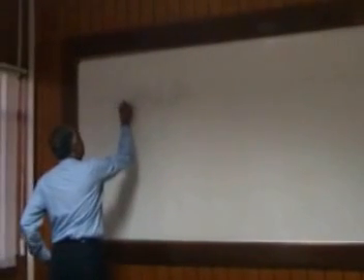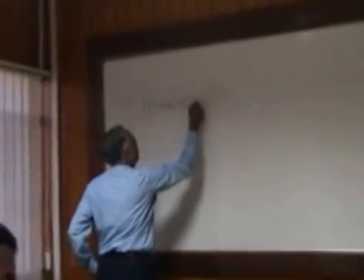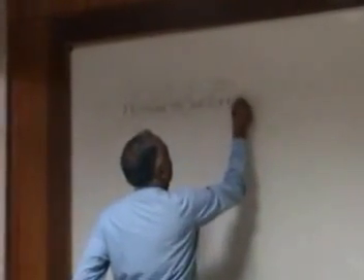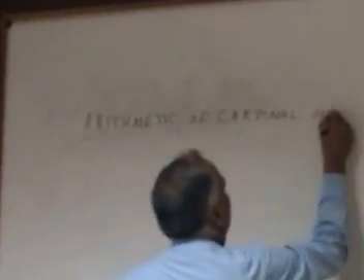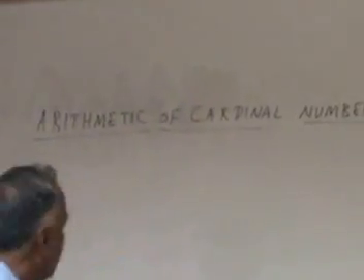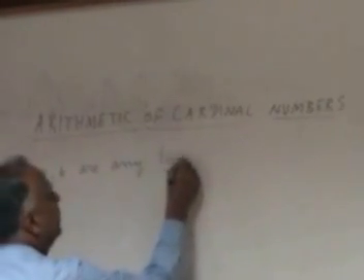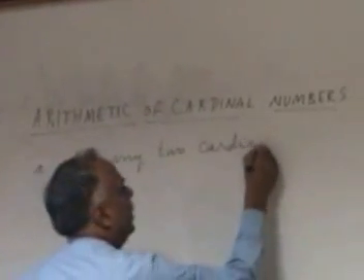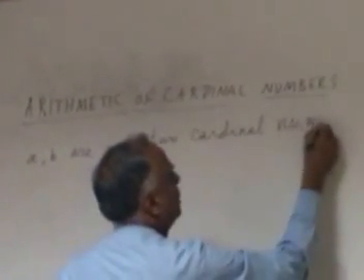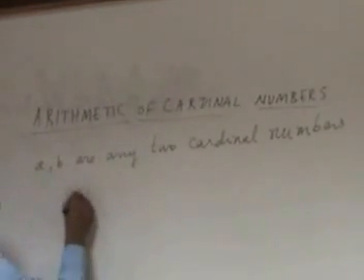So, let's recall the various definitions of the arithmetic that we gave for cardinal numbers. A, B are any two cardinal numbers. I did this towards the end of the last class. So, we have several definitions.